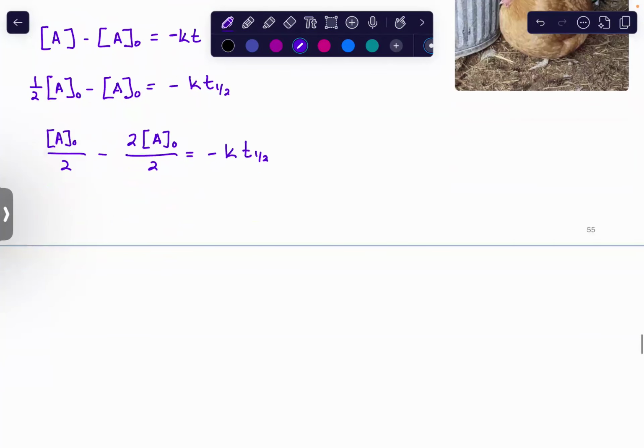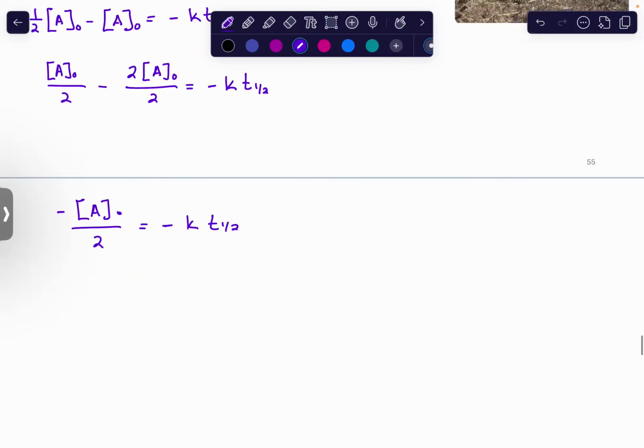Okay, so that's going to give you, we can get rid of the negative sign on both sides and solve for t. And we have the half-life for this equation, for this rate law.